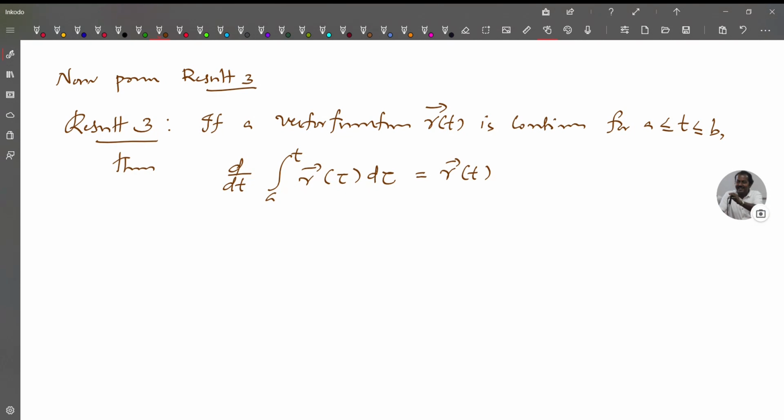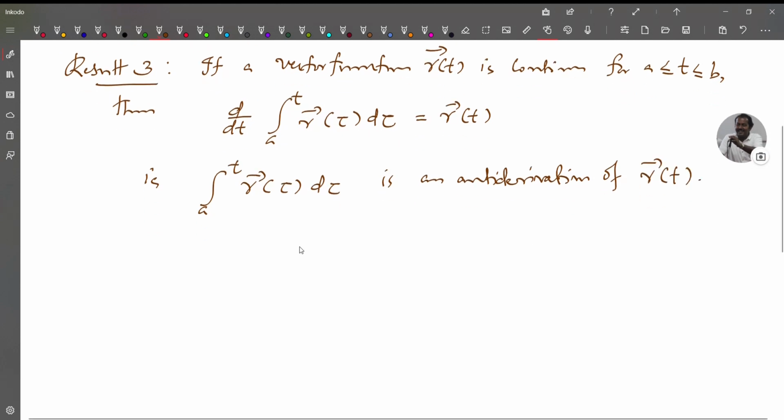That is, the integral from a to t of r of tau d tau is an antiderivative of r of t. So we prove this.